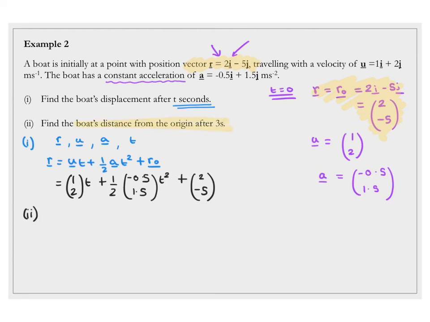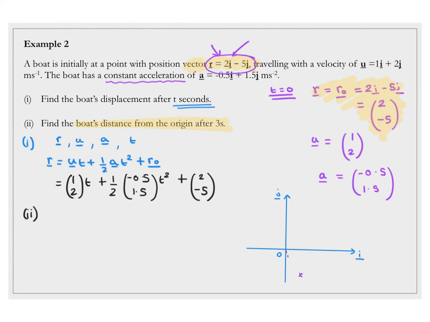Now, part 2: find the boat's distance from the origin after 3 seconds. So you really need to understand what's going on here with this boat. Let's imagine a pair of axes, like this. There's the y-axis, there's the x-axis, and you can see the origin as well. Now the particle starts at this point here, a point which is (2, -5).